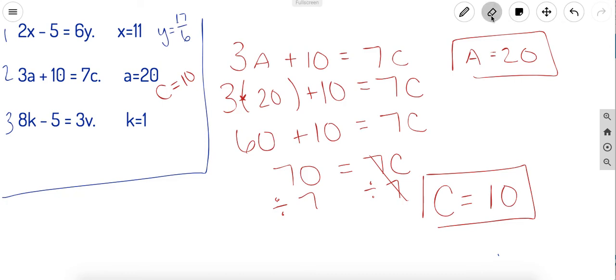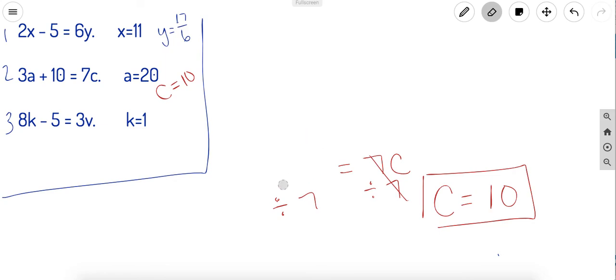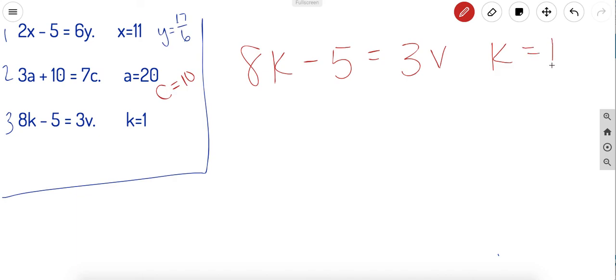Good stuff. All right, last problem. 8k minus 5 equals 3v. And we're given that k equals 1.